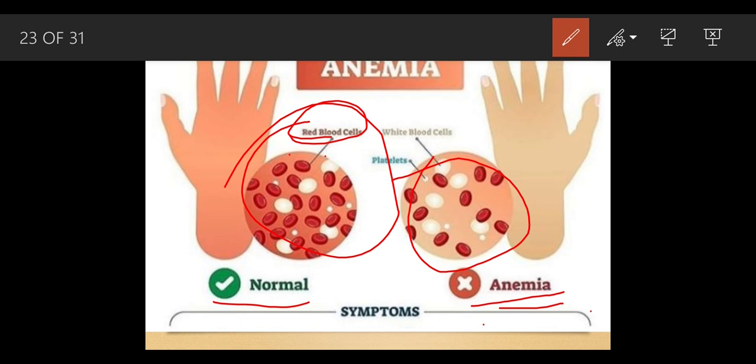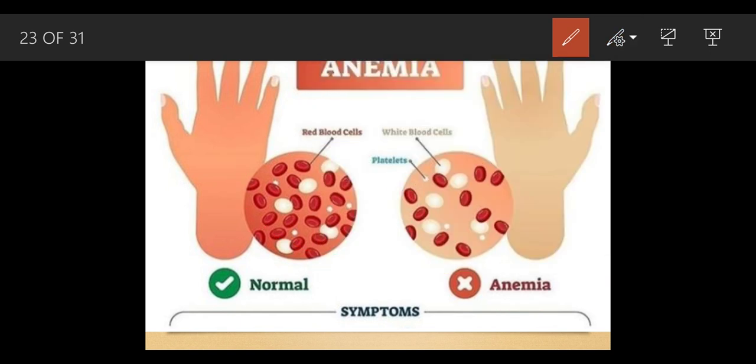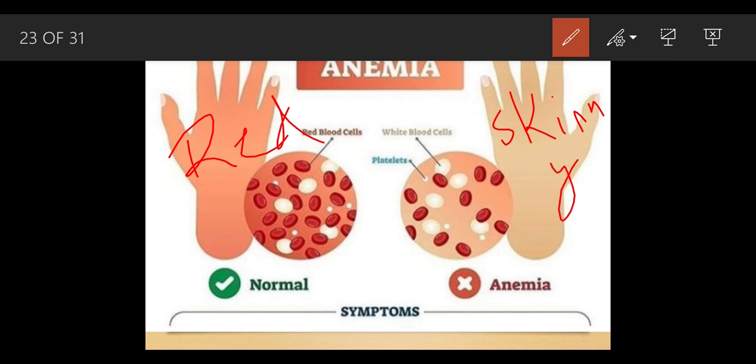And because of this, you can see the skin color in both cases. In both cases the skin color is quite red. But in the case of anemia, it is quite pale, meaning whitish in color. Why? Because there is no supply of RBCs, that is why it is a bit pale.